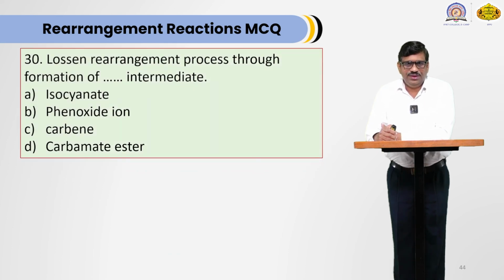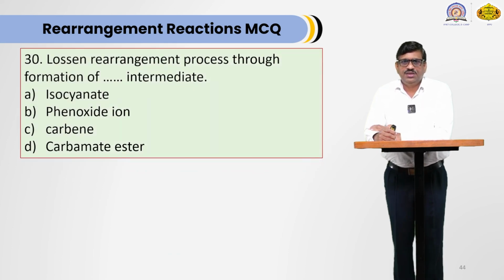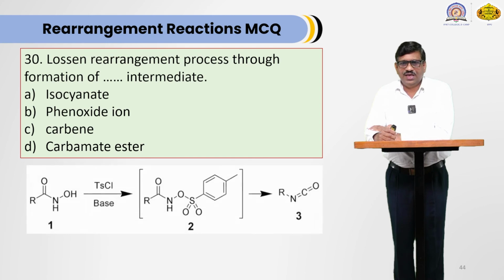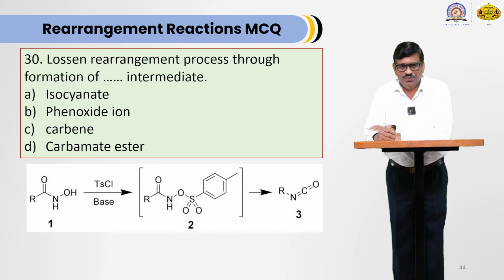Now question number 30. Lossen rearrangement proceeds through formation of dash dash intermediate. Option A isocyanate, option B phenoxide ion, option C carbene, option D carbamate ester. The correct answer is isocyanate, because isocyanate is formed in Lossen rearrangement.